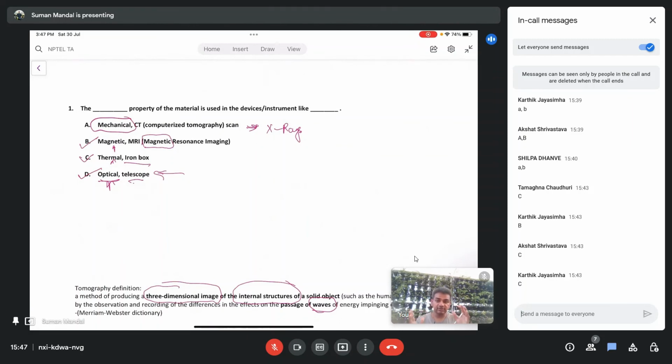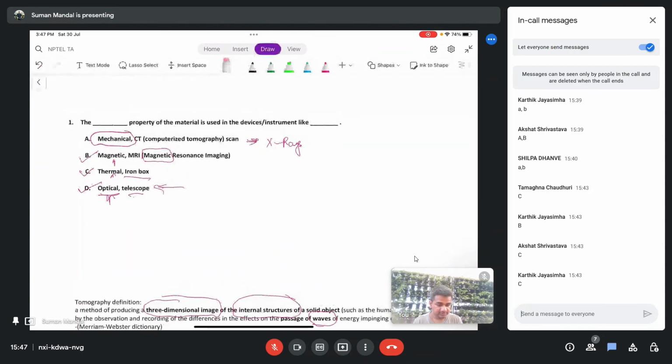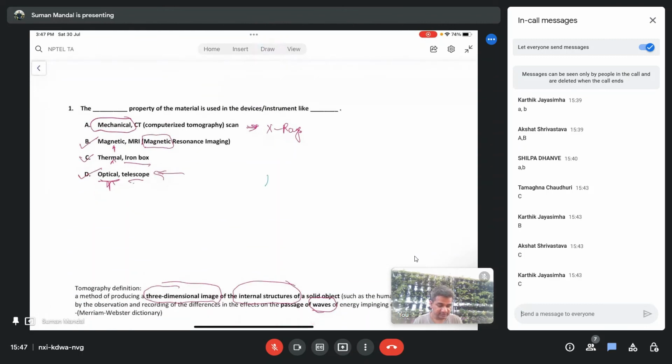And for all these properties, the optical property for example, if you want a highly transparent material, then you need a high band gap semiconductor.